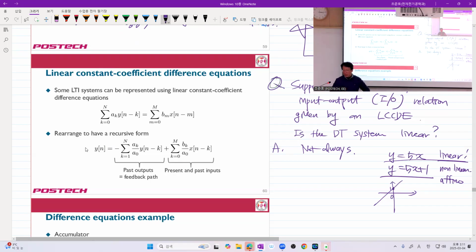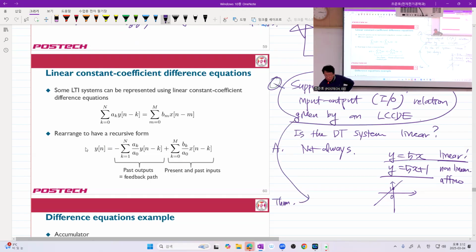So be careful. However, here goes an interesting thing. You have the same thing, and in addition, the DT system satisfies zero input, zero output.